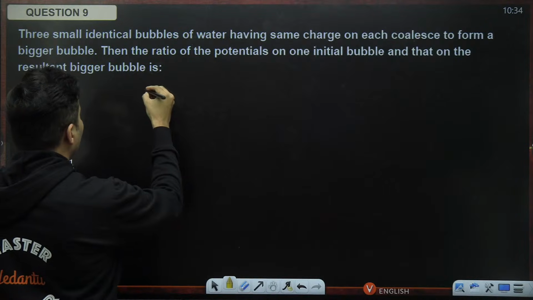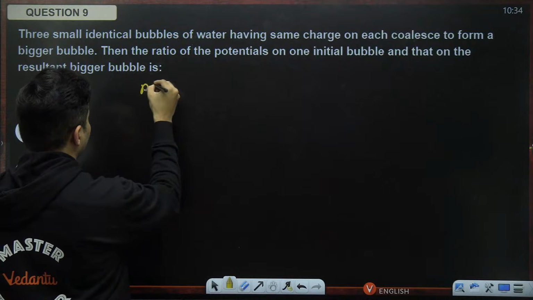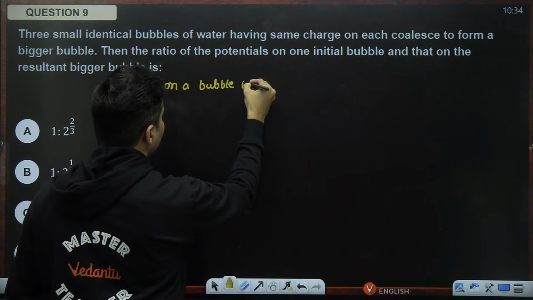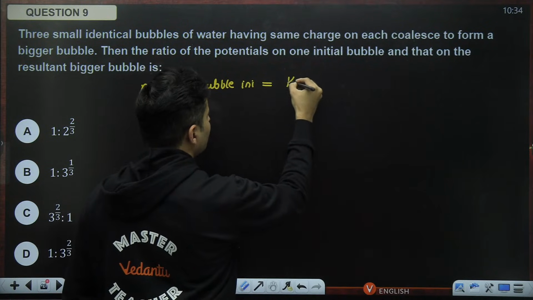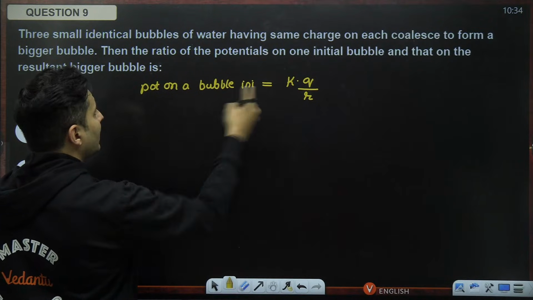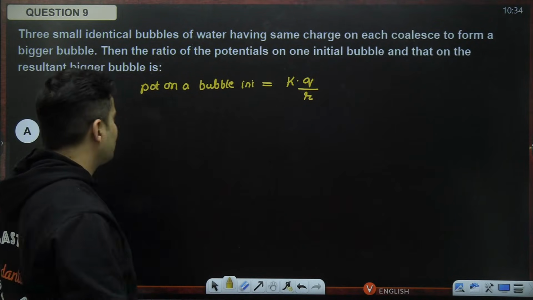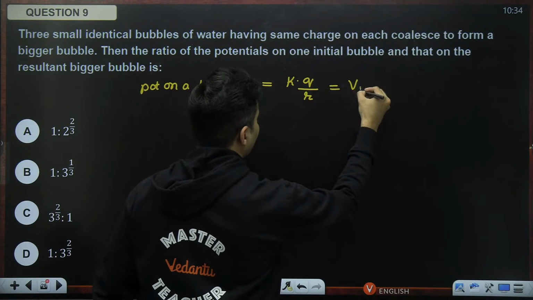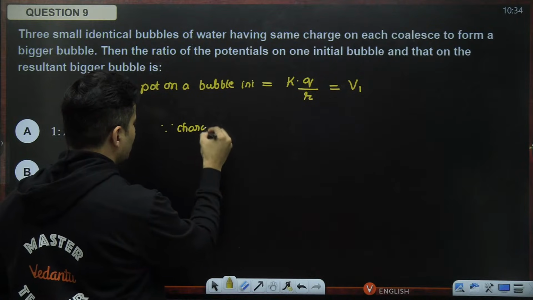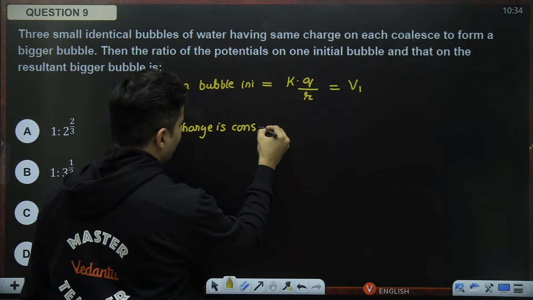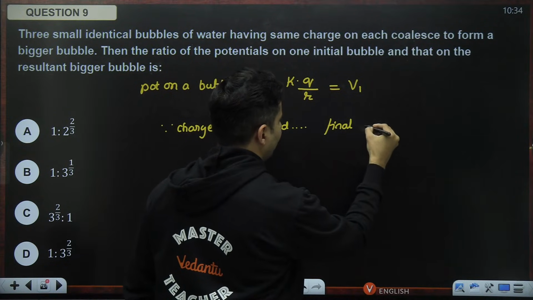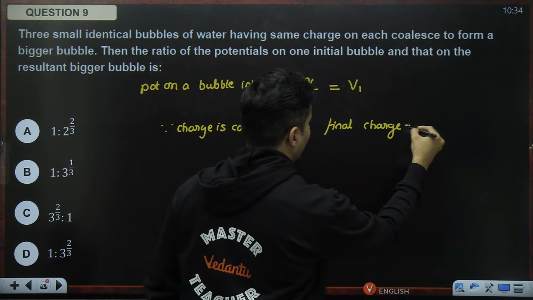So if you talk about potential on a bubble initially, that will be Coulomb's constant K times charge Q divided by r, since each bubble has charge Q and radius r. So that will be the initial potential on any one of those bubbles, let's call it V1. Now, since charge is conserved, the final charge is basically 3Q.